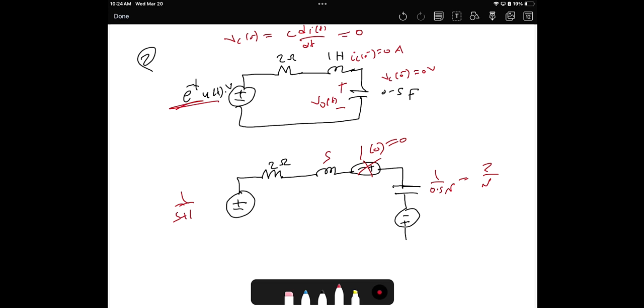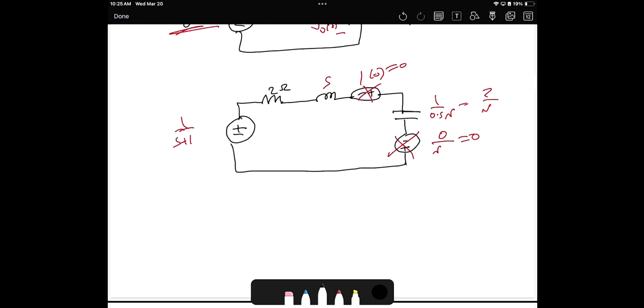This will be vC of 0 over s, which is 0 over s. In other words, it will be 0. This can be neglected as well. Or in other words, you can say since the initial conditions are zero, I don't need to worry about the sources. So whatever is more convenient for you.